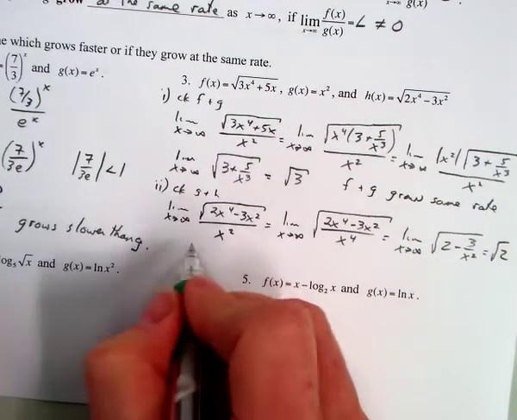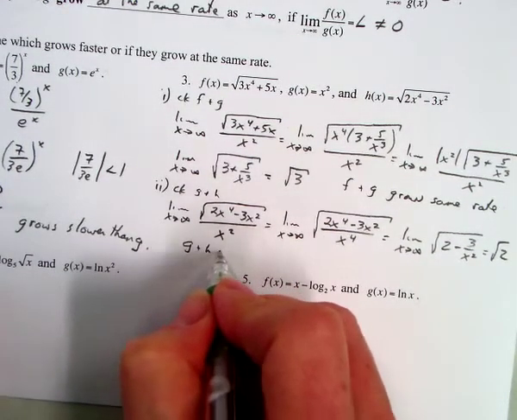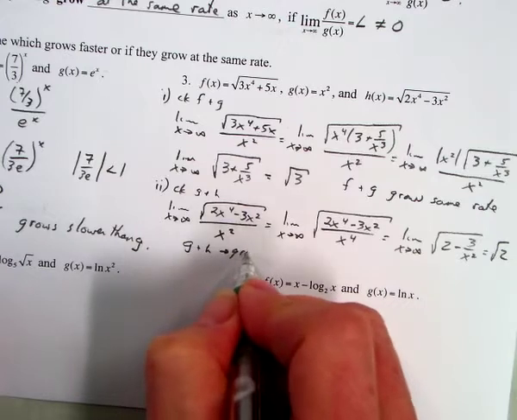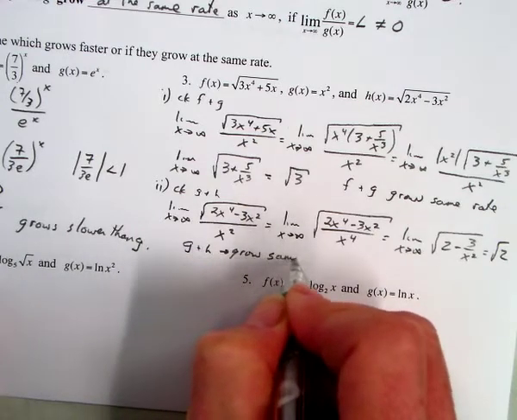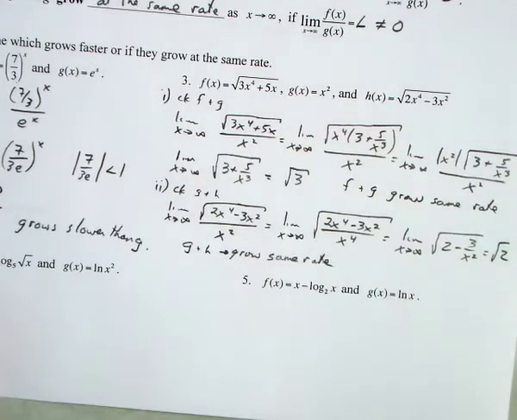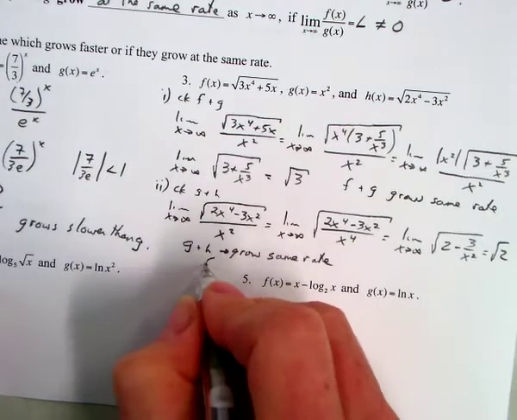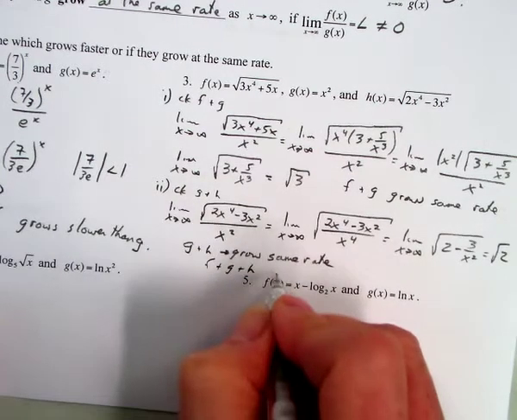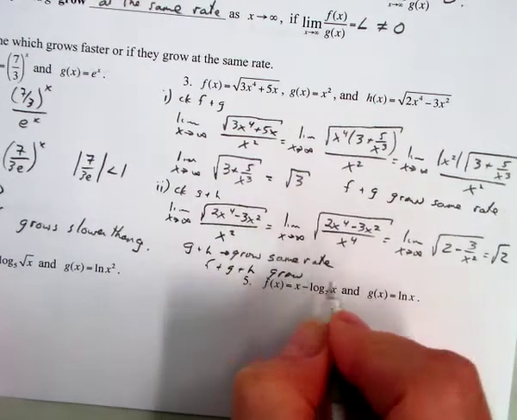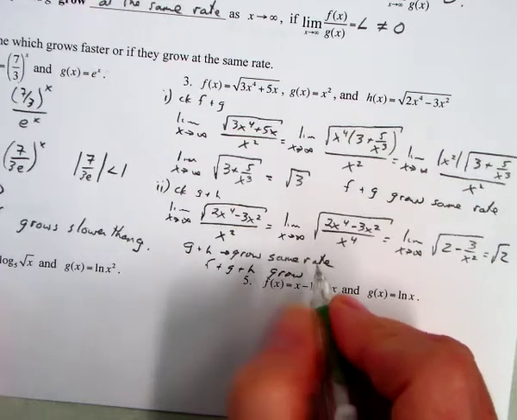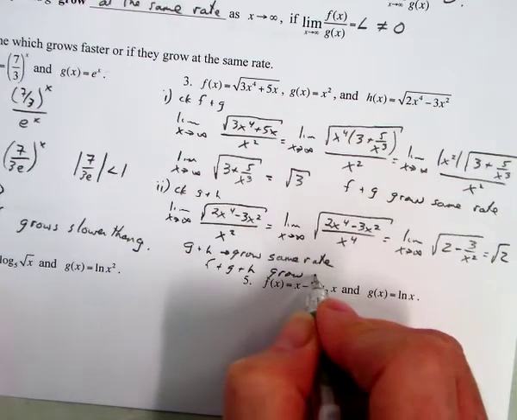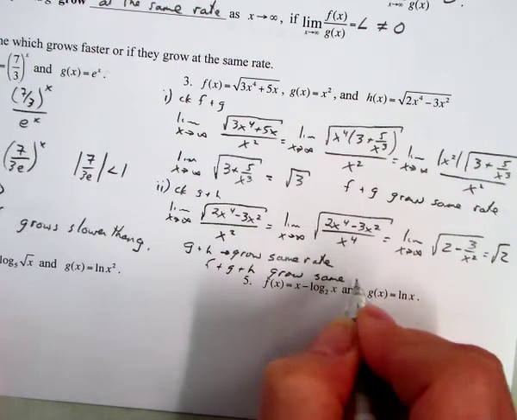That says that g and h grow at the same rate. So what does that mean overall? That f and g and h grow at the same rate, using the transitive property.